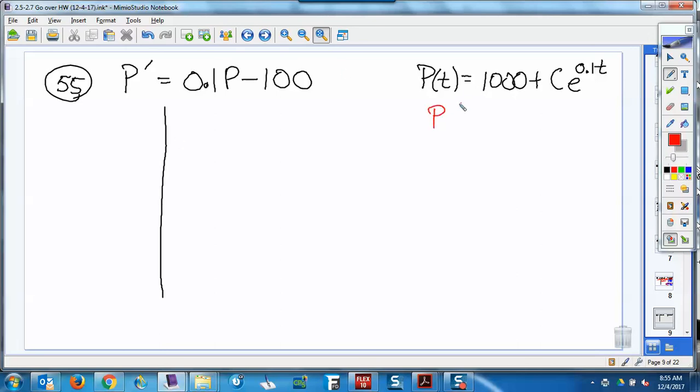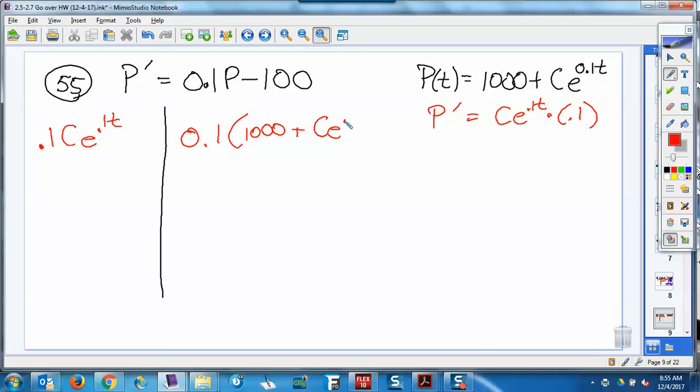Okay, so P prime, let me quickly do this. That goes away. The 0.1 is going to kick out. We're going to have e to the 0.1t times a 0.1. Okay, so that's my P prime. So it would be 0.1c e to the 0.1t. This would be 0.1 times P. That's 1,000 plus c e to the 0.1t minus 100.